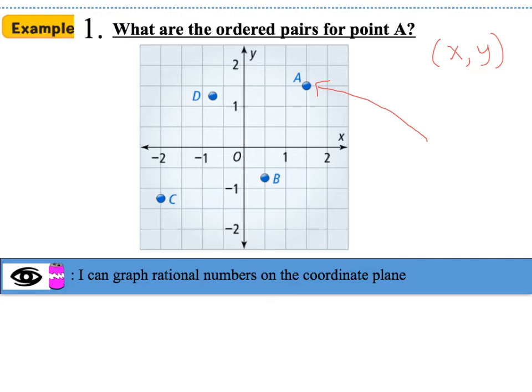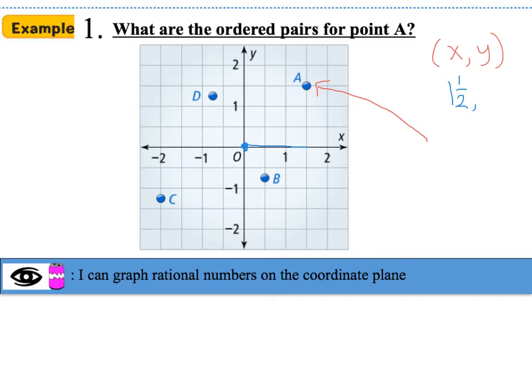So if we look at point A, I'm going to start at my origin, which is 0, 0. I'm going to travel on my x-axis. So here's half, here's 1, here's 1.5. So I know that my x coordinate is 1.5. Now what we're going to do is travel in the direction of the y-axis.